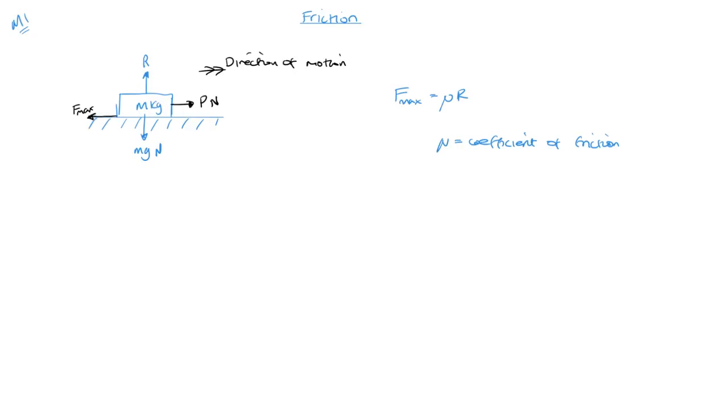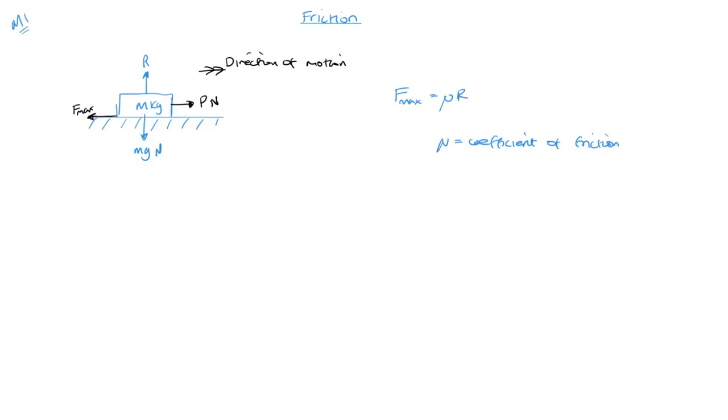So the larger the value, the rougher the surface, so the more friction that will be created. Okay, and then R is the normal reaction that object has with the surface. And smooth surfaces have zero mu, therefore they have no friction. Okay, so that's the basics behind it.